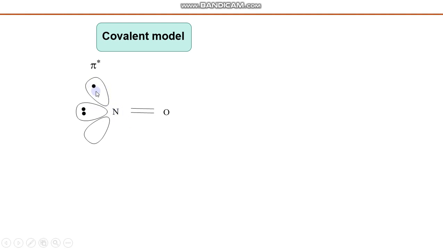If nitrosyl offers one electron for bonding, and definitely this electron is higher in energy, so this electron is more polar as compared to the pair of electrons. So the metal, if it approaches the nitrosyl ligand, will attack this orbital first, and this will be the orientation of the metal and nitrosyl fragment.